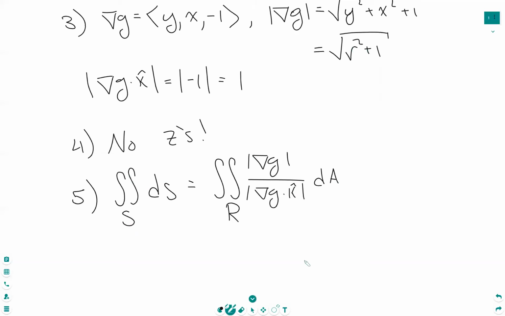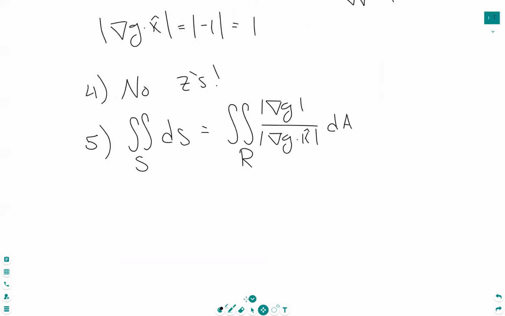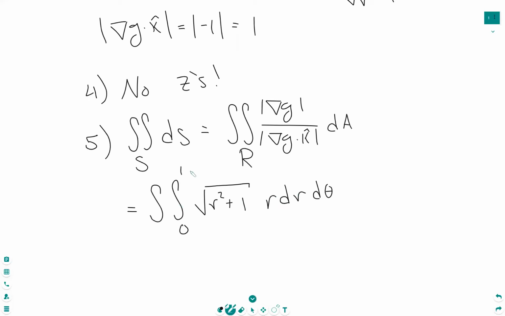It doesn't look like this integrand is going to give me too much trouble if I do polar coordinates, so we can go ahead and write it. So we have our double integral. Our integrand becomes the square root of r squared plus 1 over 1. So we just get this. Now remember, we're still doing polar coordinates. So this means we get this extra r here. That's our Jacobian, remember? So we have dr d theta. This is just a unit circle. So we go from 0 to 1 and 0 to 2 pi.